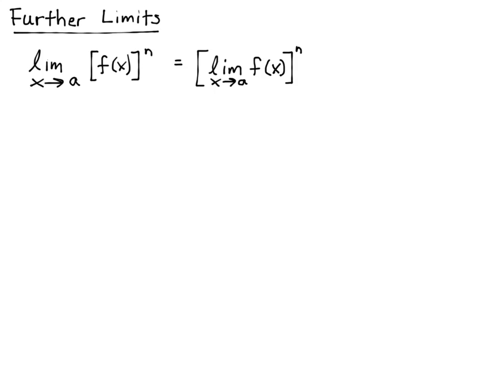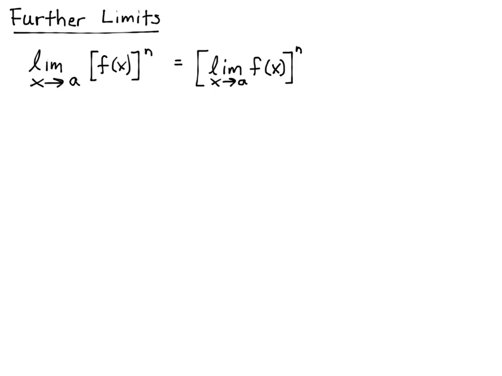Now remember we had the rule where you can take the product of f and g and find the limit. You can find the limits separately and then multiply them together. That will extend into exponents. So if you have some function that you're taking to the nth power and finding the limit there, you can first find the limit of the function and then take it to the nth power.